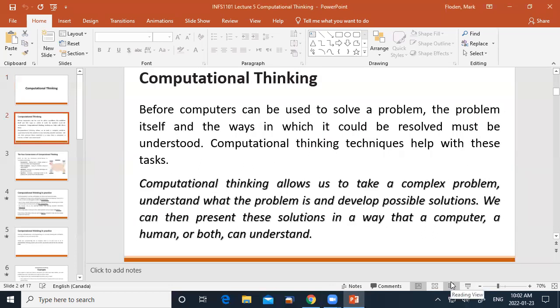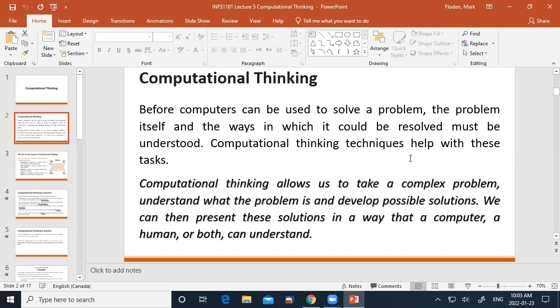So the idea of computational thinking doesn't have to apply to computers, but the idea is, as it says there, solving a problem in a way such that perhaps you could use a computer to help you with it. The thing about computational thinking is it includes more than one idea, and so we have different components to include in our computational thinking.